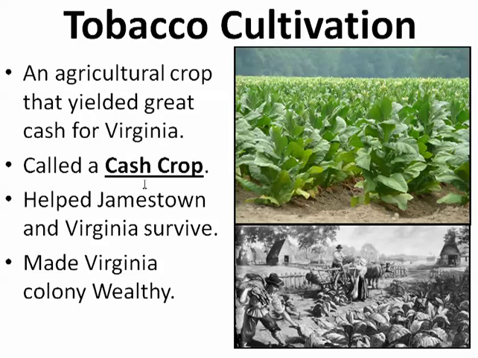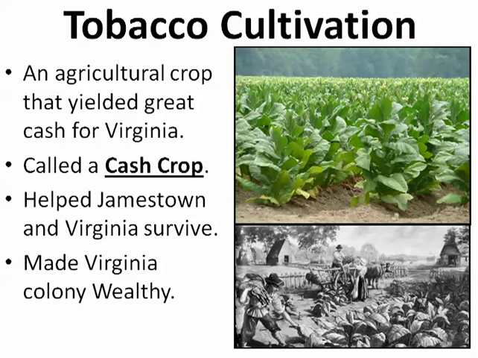Tobacco is going to be a very labor-intensive crop. That means it's going to take a lot of work to break the field, to get it ready to plant tobacco, to clear it, to plant the seed, to nurture this tobacco, and then to bring it in for harvest and package it up, send it where it needs to go.